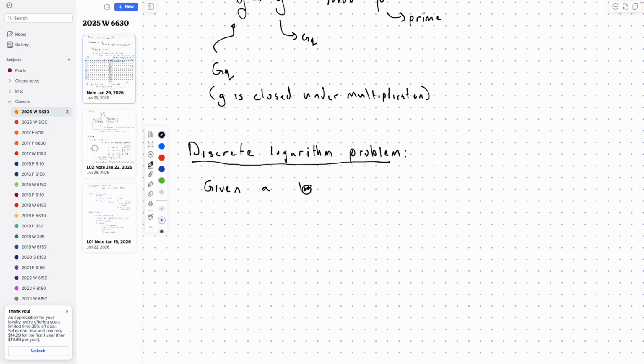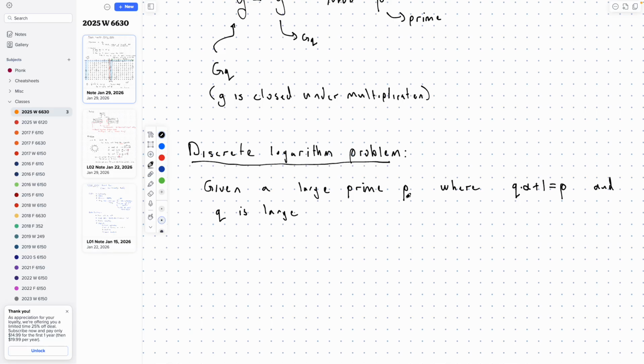Given a large prime P with a divisor Q, where Q times some number plus 1 equals P. And Q is large.